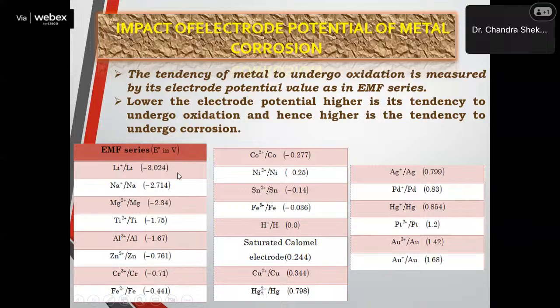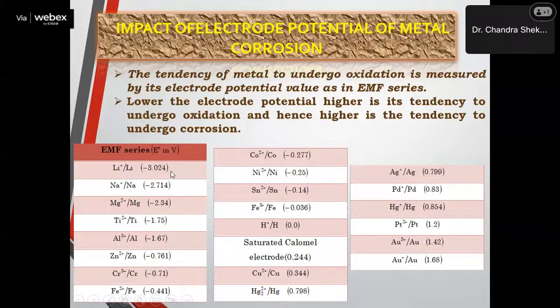Here, metals with higher negative electrode potential show the tendency to undergo oxidation. And metals with higher positive electrode potential show the lesser tendency to undergo oxidation and more tendency to undergo reduction. Therefore, the tendency of metal to undergo oxidation, and hence the tendency of metal to undergo corrosion, can be measured directly from their electrode potential values.